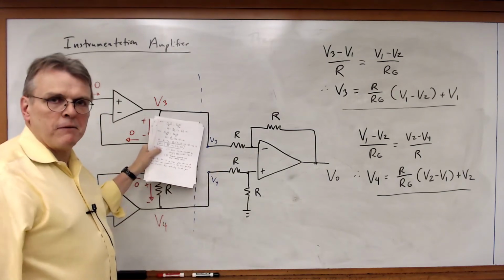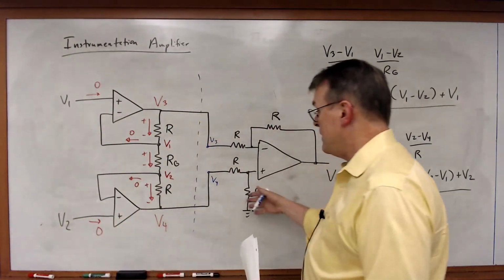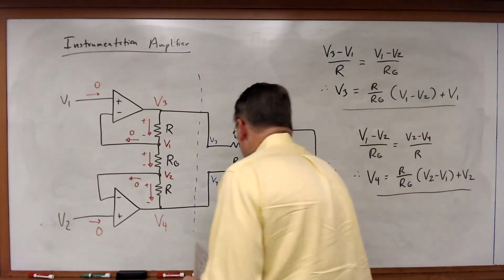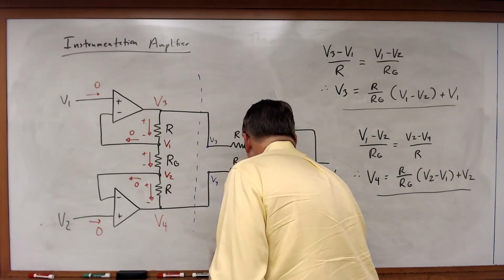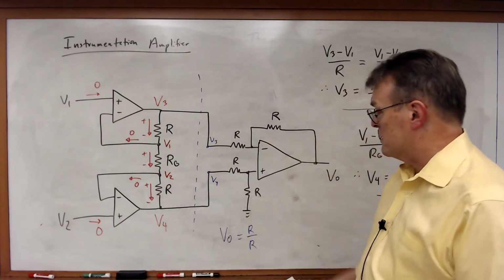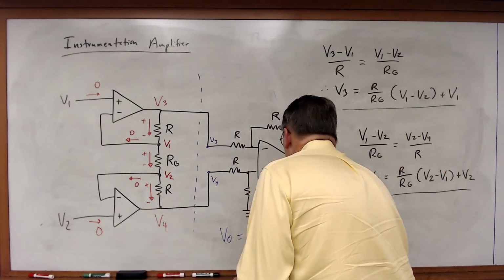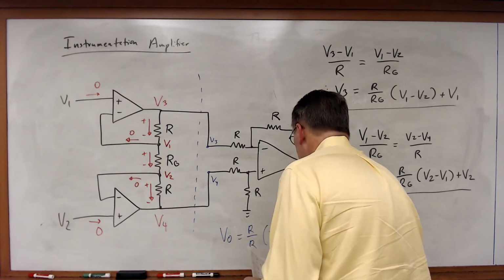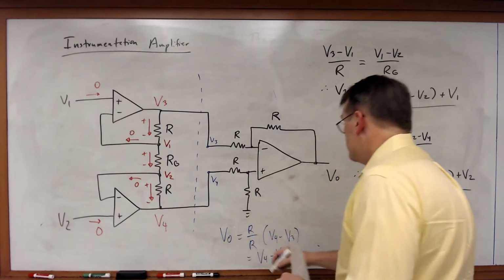That's just a difference amplifier. So this portion here, I can easily prove to myself that VO must be equal to R over R, since all those resistors are the same, times V4 minus V3, which is just equal to V4 minus V3.